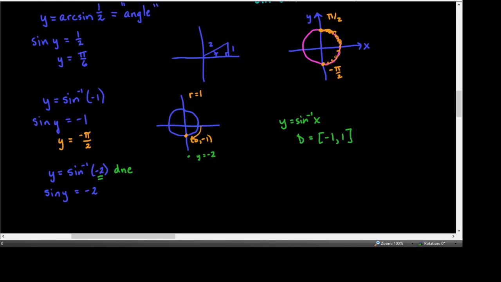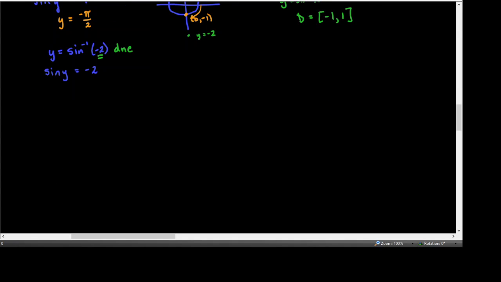Okay, let's move to cosine. Y equals cosine of x. So let's graph the original function. Cosine of 0 is 1.